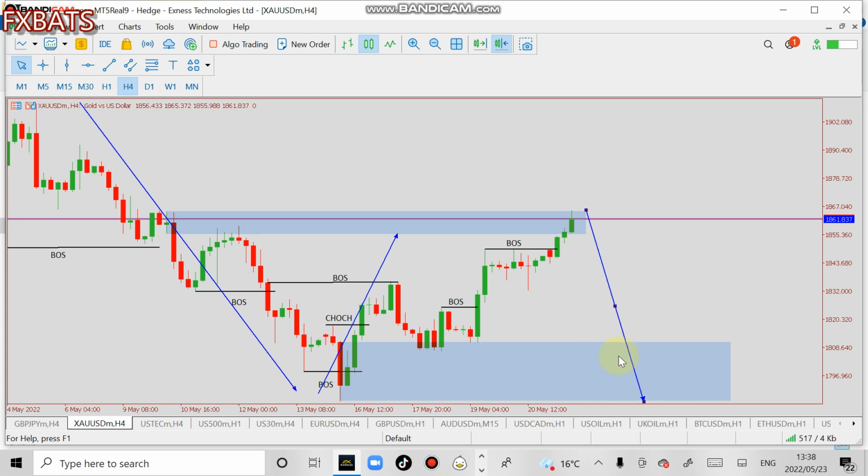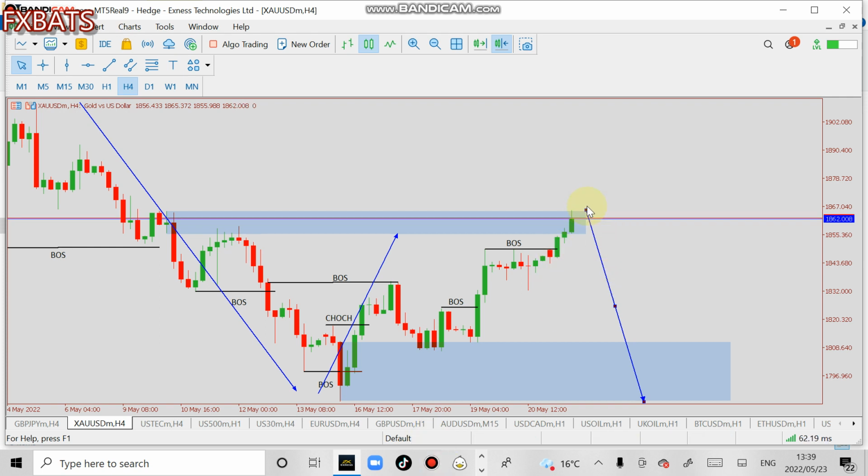It's likely to continue the impulsive move, following the main market structure of the main trend. So that's what I wanted to share with you guys. If you are on a bearish market structure, keep avoiding the counter-trend moves. Wait and take trades following the market structure. So that's how I trade.